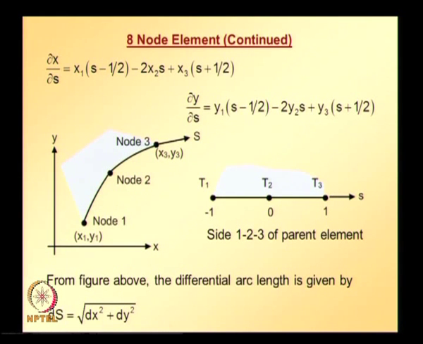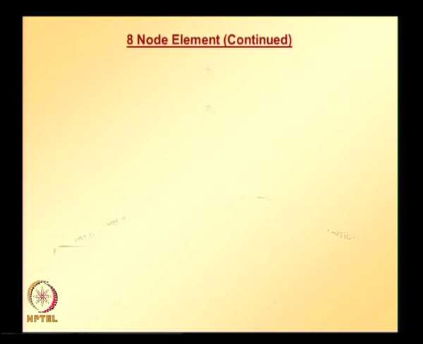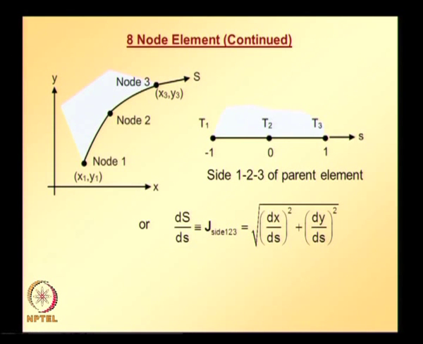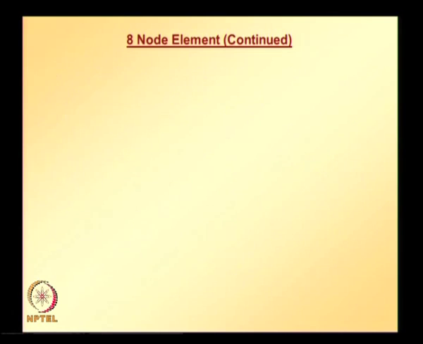This is similar to the 4 node quadrilateral element, except that now we need to substitute dx and dy corresponding to the 8 node element. Dividing both sides by d small s, we get this, and substituting the derivative of x with respect to s and the derivative of y with respect to s, we can easily find the relationship between d capital S and d small s, or the Jacobian.